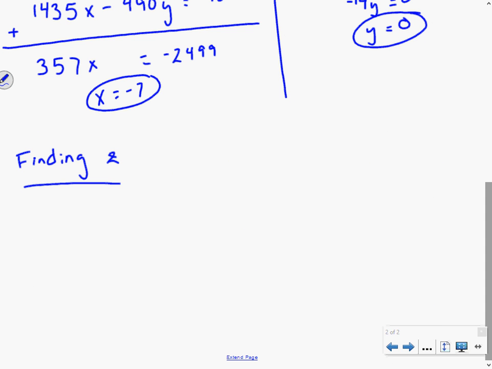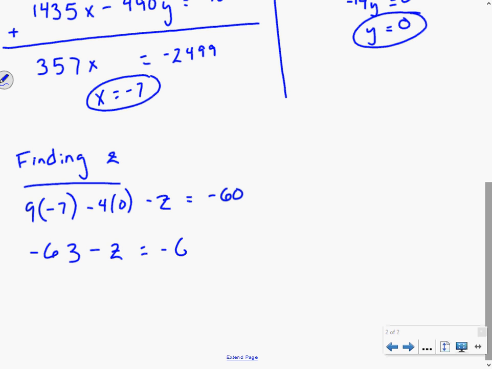So we've got 9 times x minus 4 times y minus z, and that's supposed to be equal to negative 60. So we've got negative 63 minus z equals negative 60. So we add 63 to both sides. We find that z is equal to negative 3.